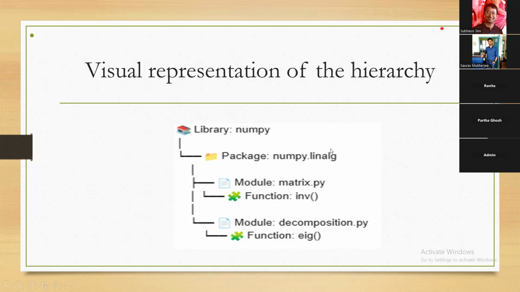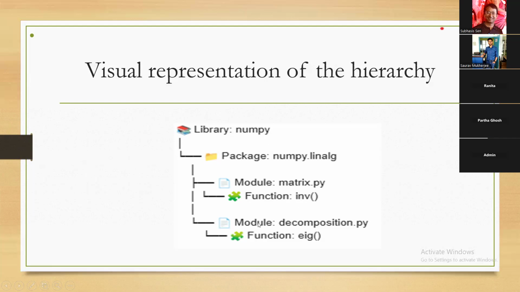We know under linear algebra there is the matrix, so the module is the matrix. And under matrix, you are using the inverse, so that is basically a function. So what is the hierarchy? Function first, then module, then package, then library. That is the visual representation of the hierarchy.